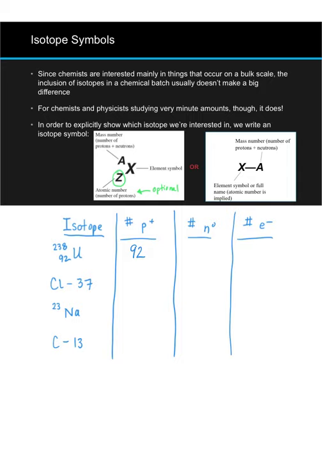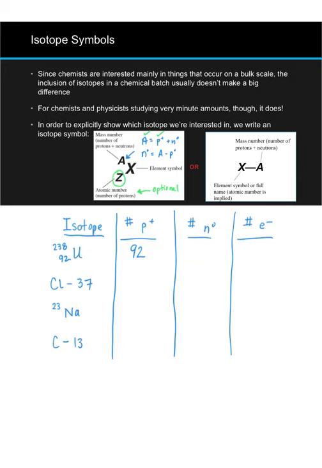We can determine the number of neutrons by rearranging the definition of this mass number. A mass number is equal to the number of protons plus the number of neutrons. If we know a mass number, and if we know a number of protons, because we know an atomic number, then we can rearrange this and say that the number of neutrons is just our mass number minus our number of protons.